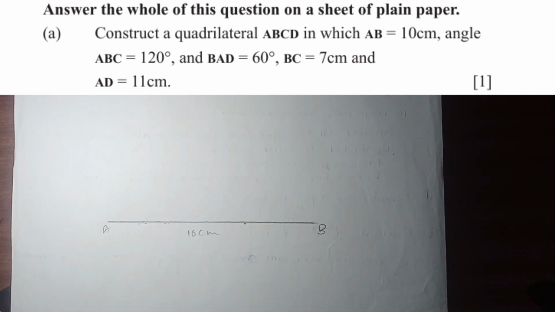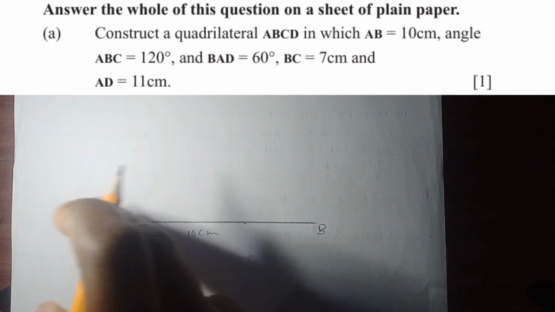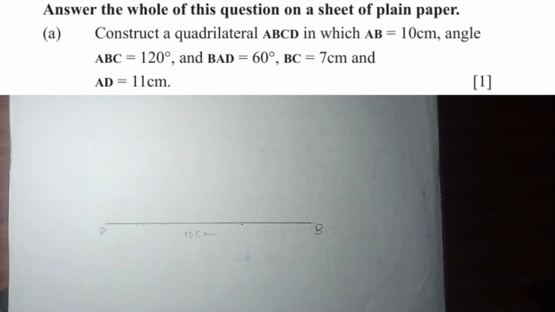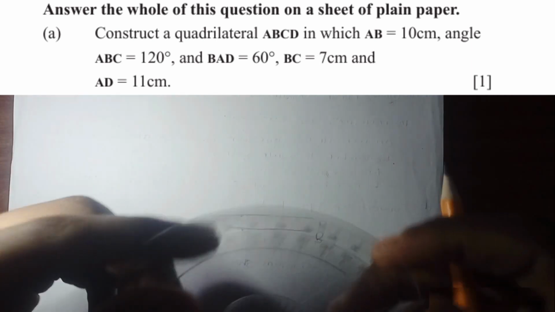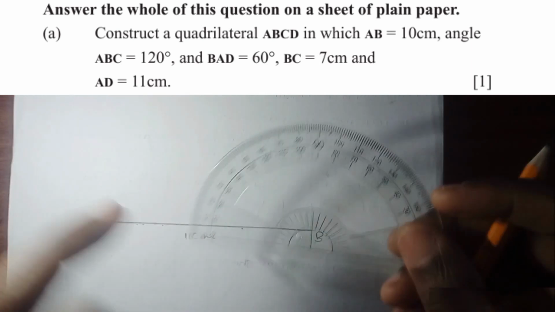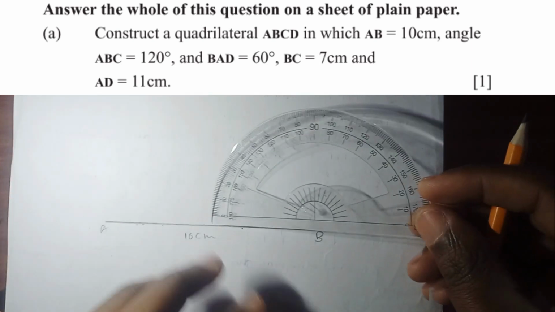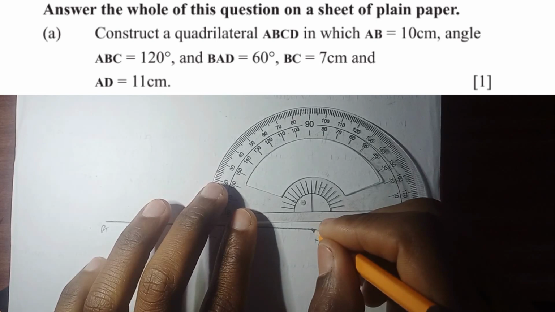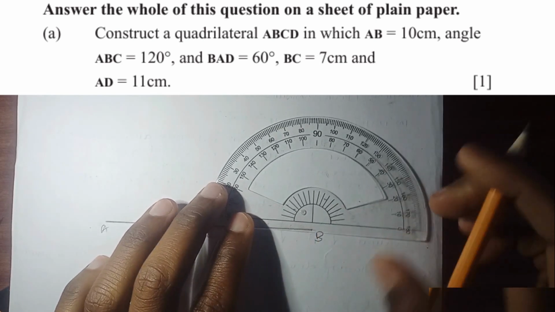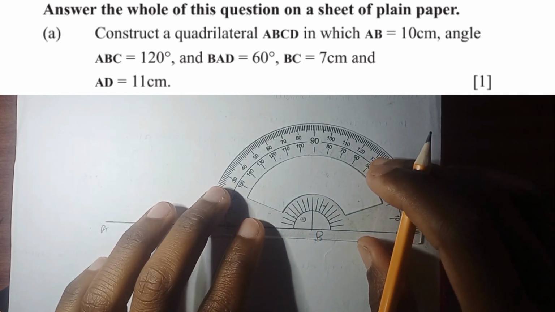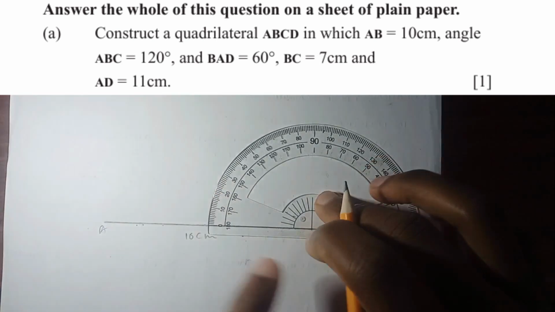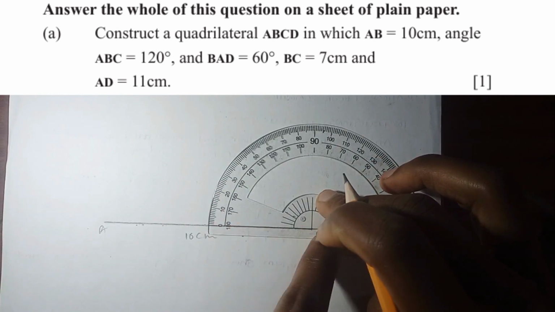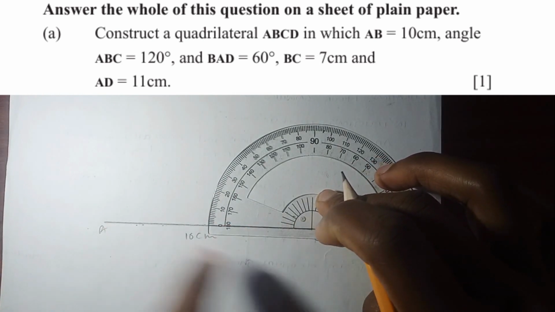Okay, the next step says angle ABC, so C is somewhere there, is 120 degrees. So you get your protractor. It says 120. Make sure that the angles are clearly displayed. Then we center it where the angle is being formed, ABC. The 0-degree line below the horizontal line should be parallel to line AB.